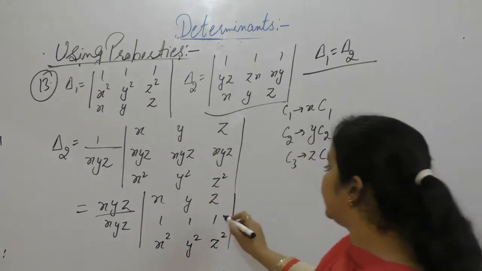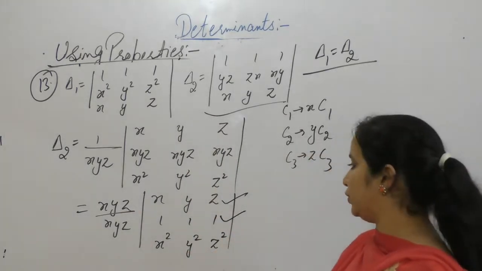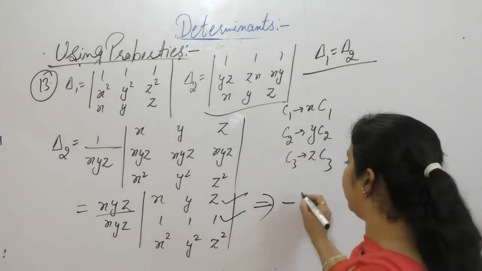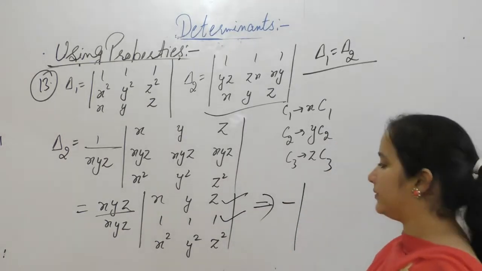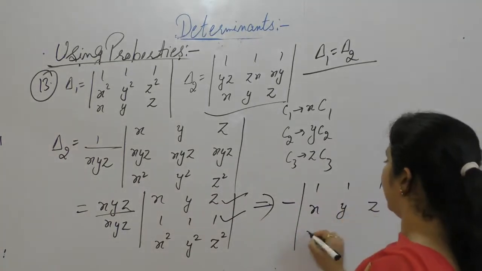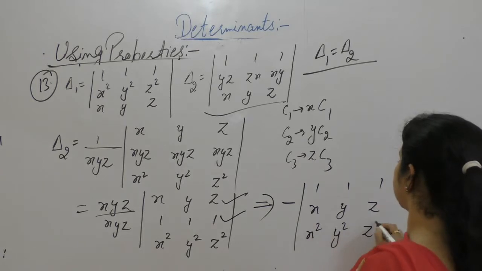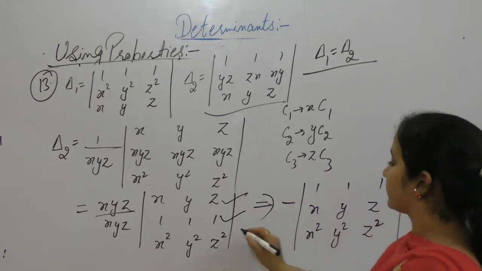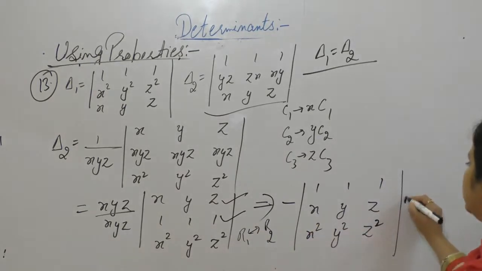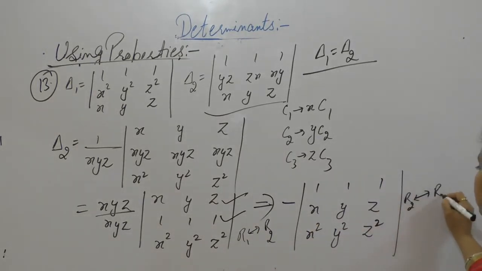Now interchange the first and second row. When we are interchanging two rows or columns, then we have to multiply by a negative sign here. So it is 1, 1, 1, x, y, z, x square, y square, z square. Now here we have interchanged row 1 and row 2. Now interchange row 2 and row 3.